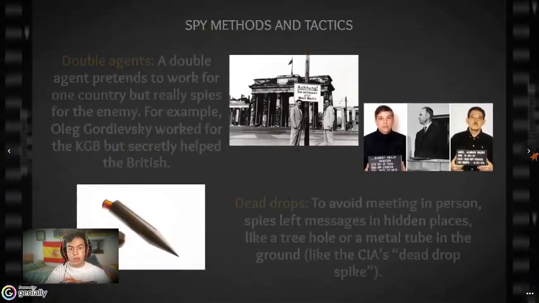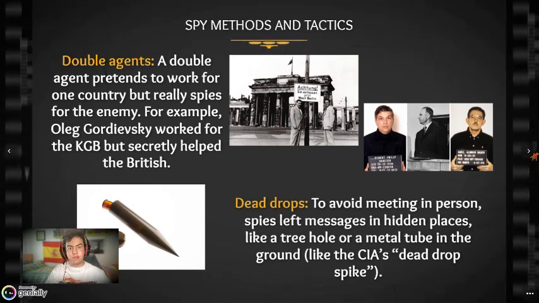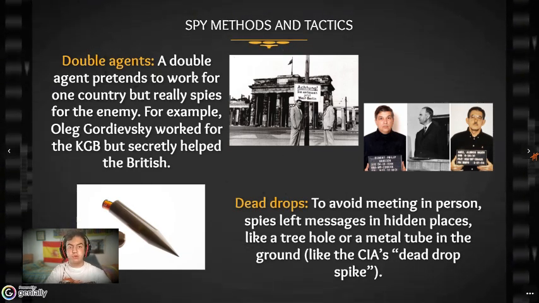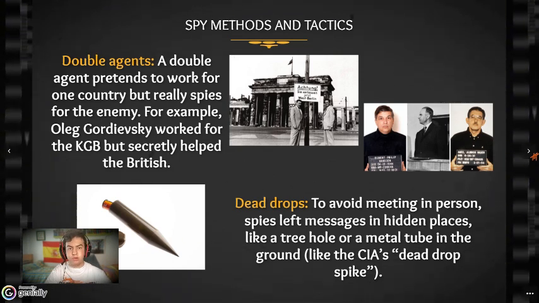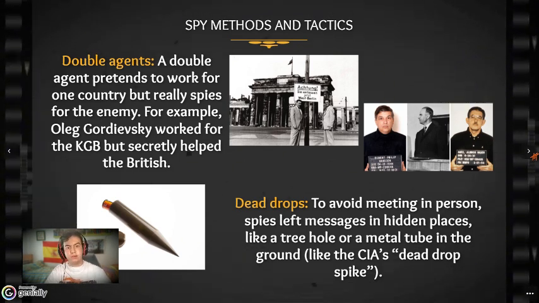Later, we have the double agent. A double agent pretends to work for one country, but really spies on the enemy. For example, someone working for the KGB but secretly helping the British.